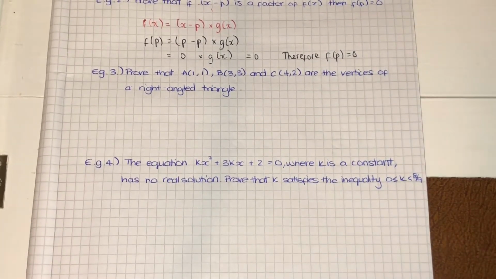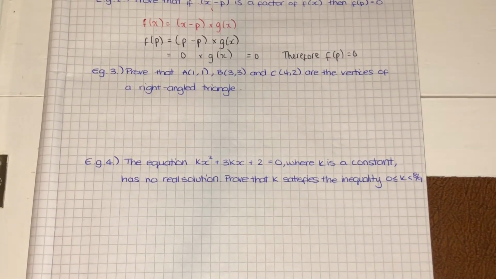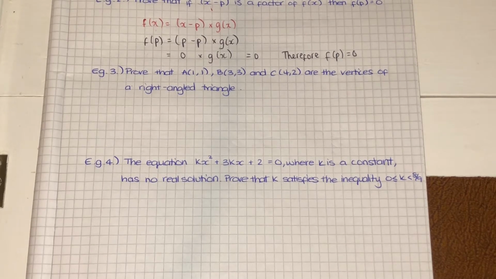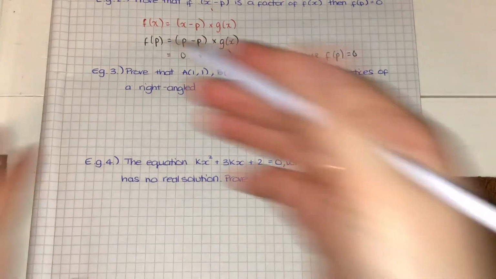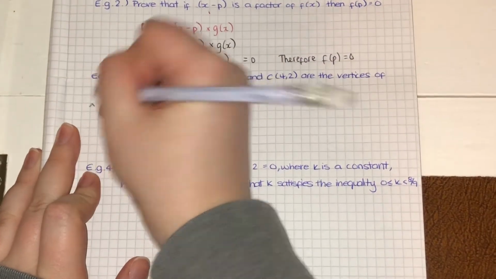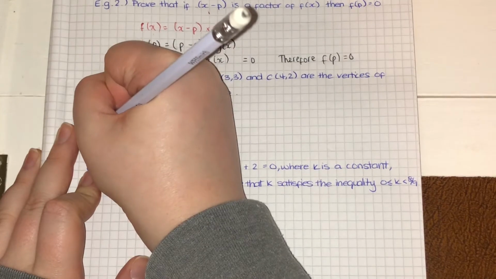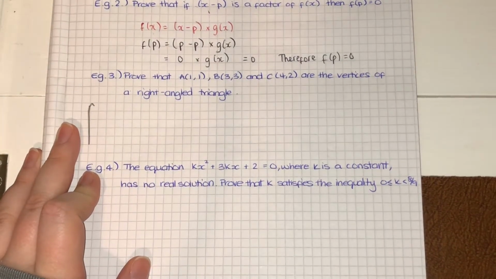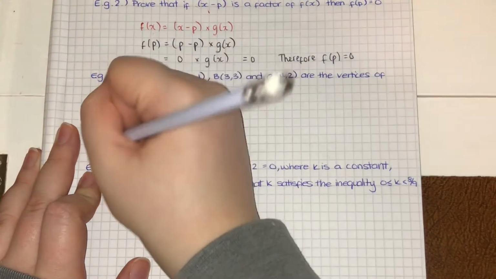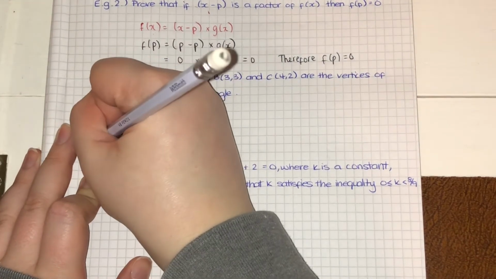Okay, next one, so we're now involving a bit of geometry. Now, you don't need to draw diagrams. I am going to draw one just so that you can visually see it. I'm more someone that likes visual stuff. What's the highest one? 4, 2. 3, 3. Okay.